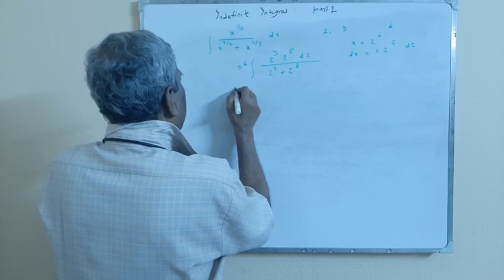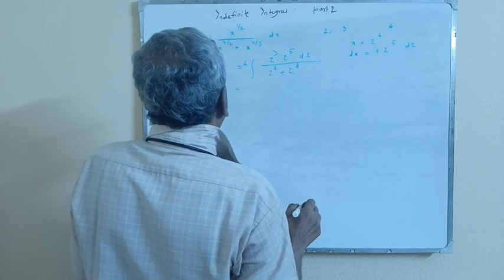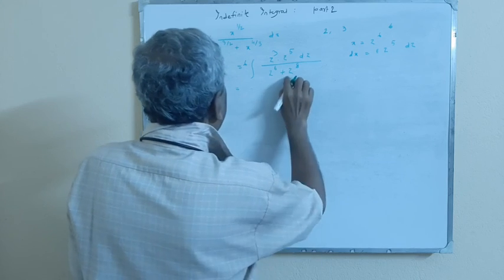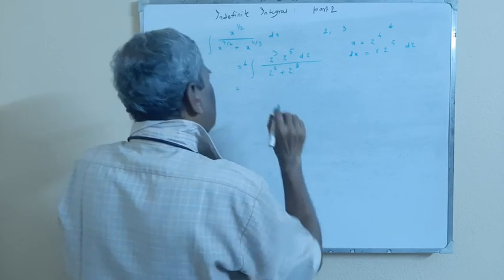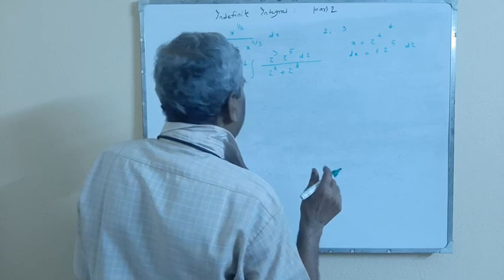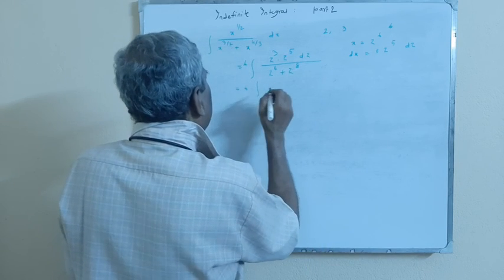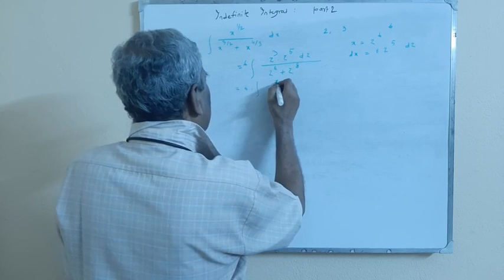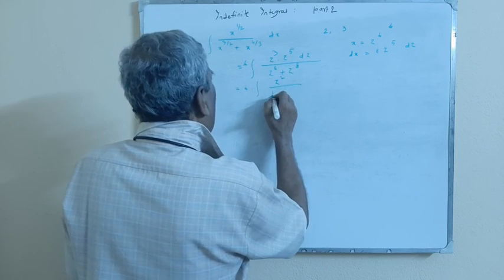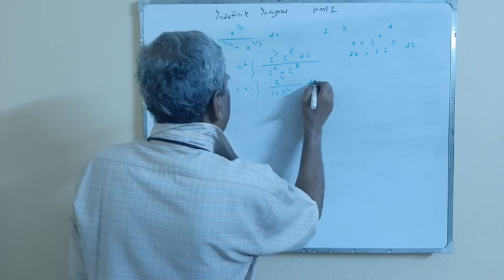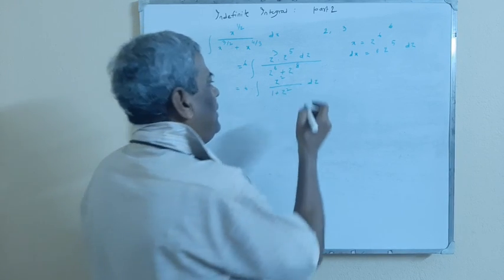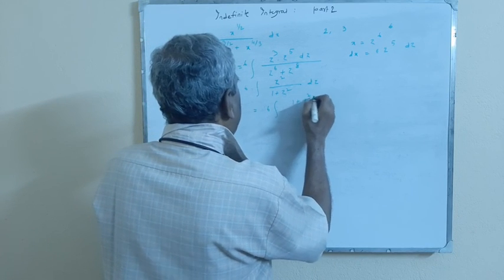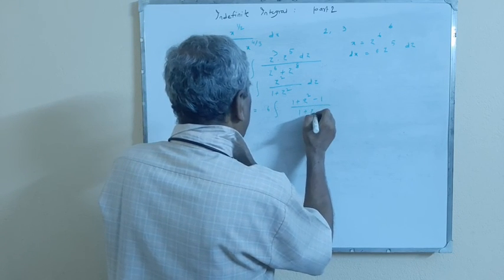Now we can cancel z to the power 6 from both numerator and denominator. So z square by 1 plus z square dz. Now it is very simple. It is equal to 6 into 1 plus z square minus 1 by 1 plus z square dz.